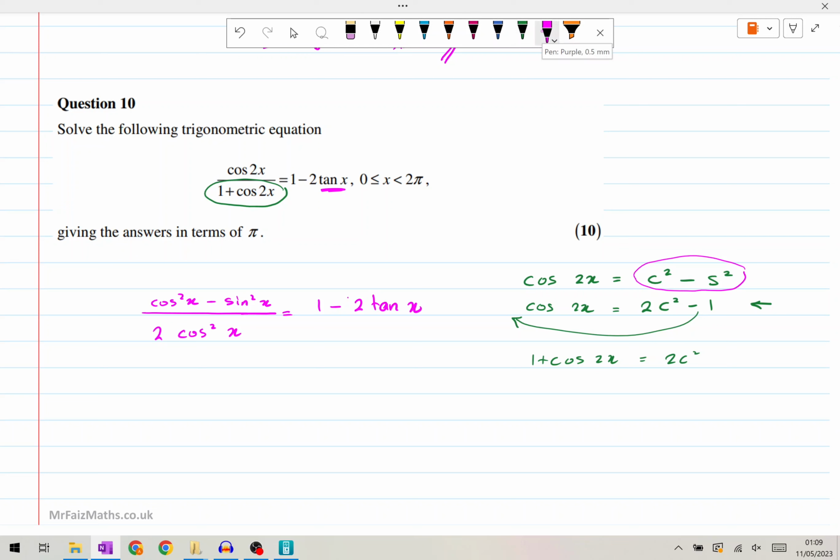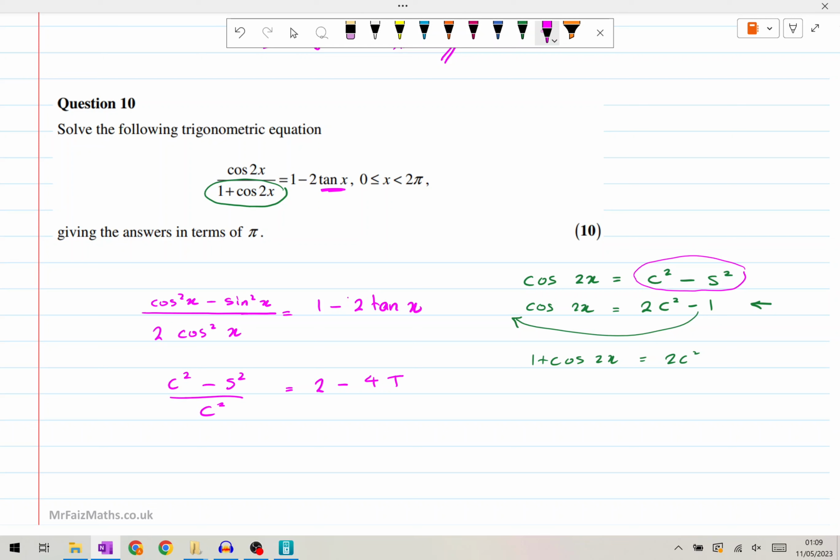So what we can do, I'll first get rid of this 2 here by just multiplying this whole equation by 2. So the right hand side is going to become 2 minus 4 tan x. So I'm just going to say that's 2 minus 4t. On the left hand side, I'll then be left with cos squared minus sine squared divided by cos squared.